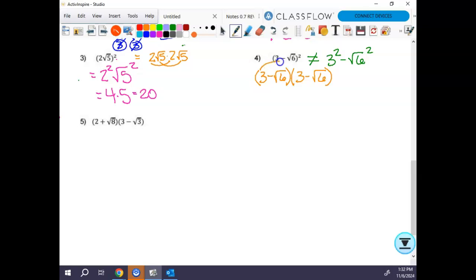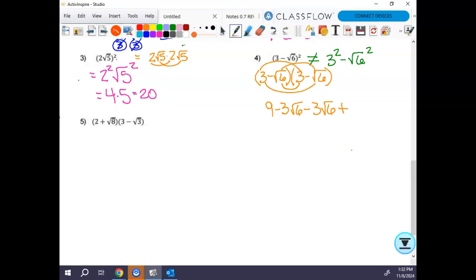We multiply the first 2 together. 3 times 3 is 9. We multiply the outside 2 together. That's going to give me negative 3 square roots of 6. We multiply the inside together. That's going to give me another negative 3 square roots of 6. Then the last 2, and that's negative times negative, which is positive.